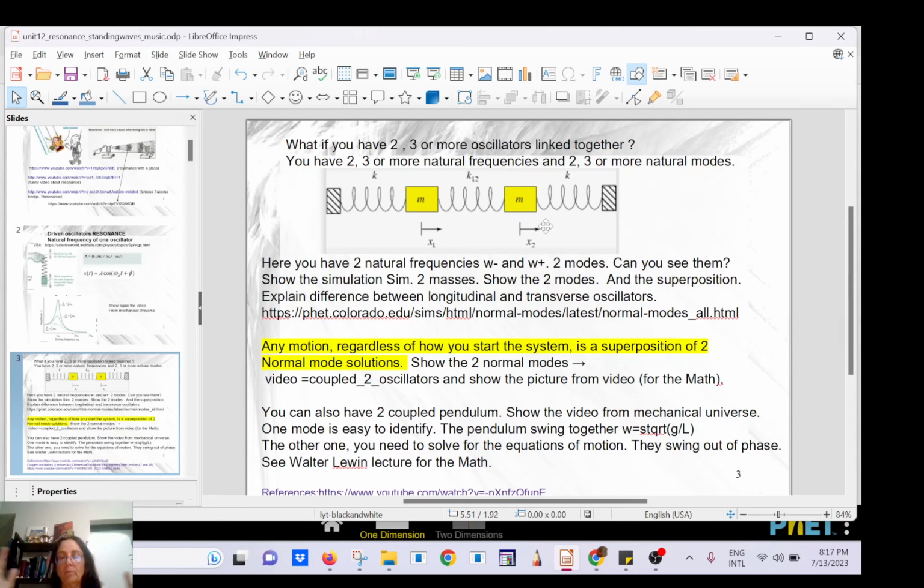So push, pull, push, pull, push, pull. That's the second mode. And they are out of phase. That means if this one was 0, now it's -1, but this one will be 1. So -1, 1. Okay? So I'm not going into the math at all. I just want you to understand the concept.